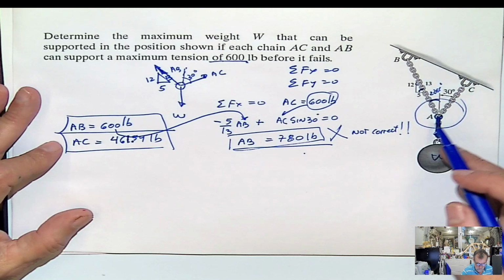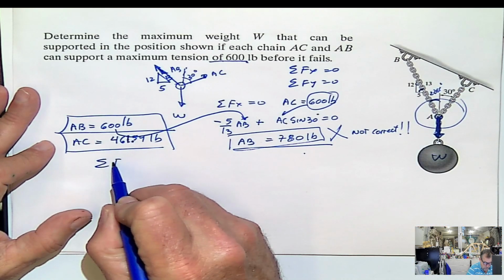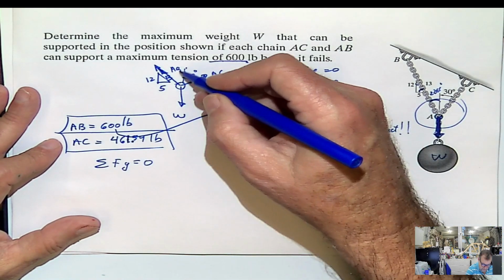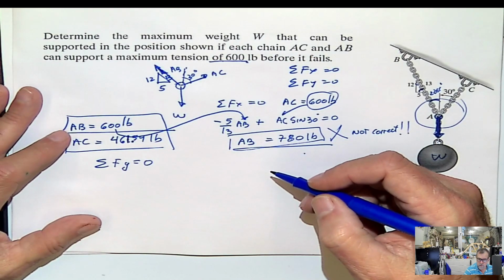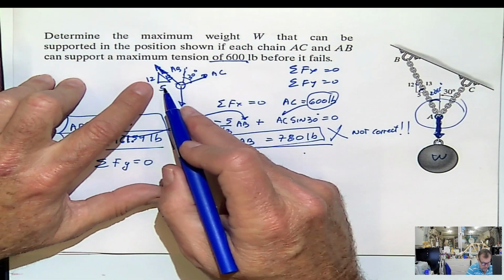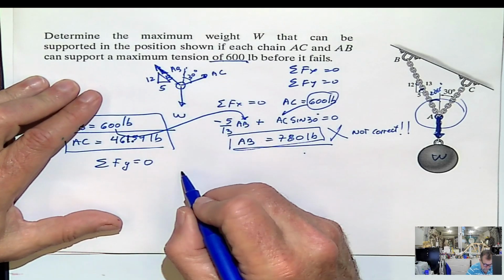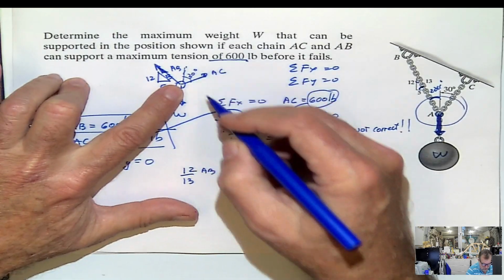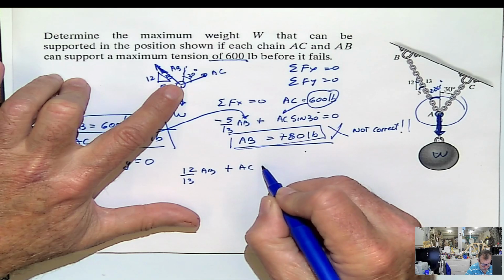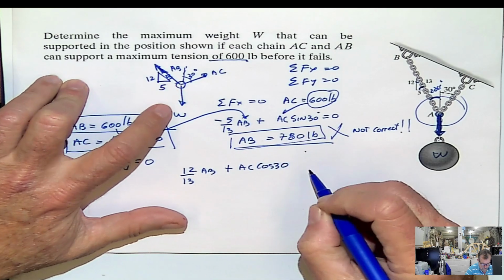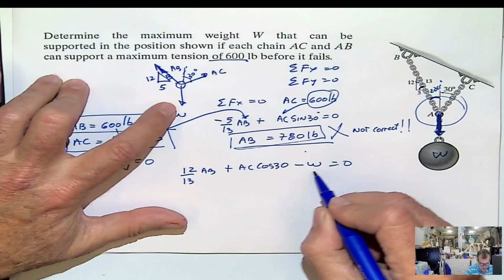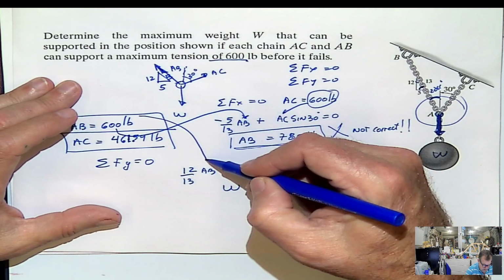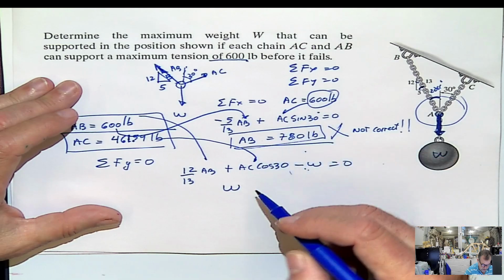By doing summation of forces in Y. So if we do summation of forces in Y equals 0, then in the same free body diagram that we have over here, we can say 12 over 13 AB and AC cosine 30 minus W equals 0, and I can solve for W by passing this to the other side and using this as AB and using this as AC.